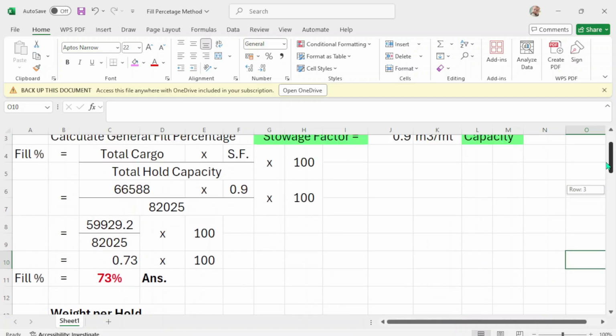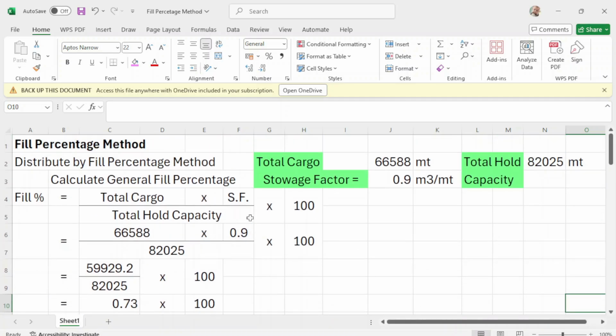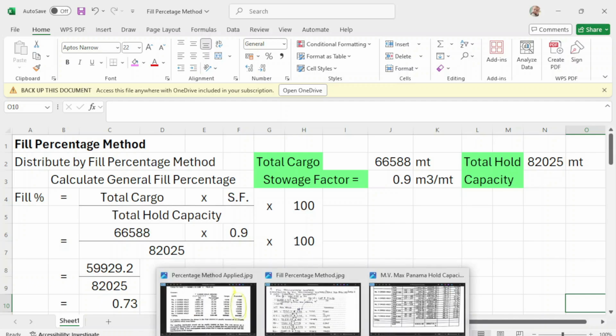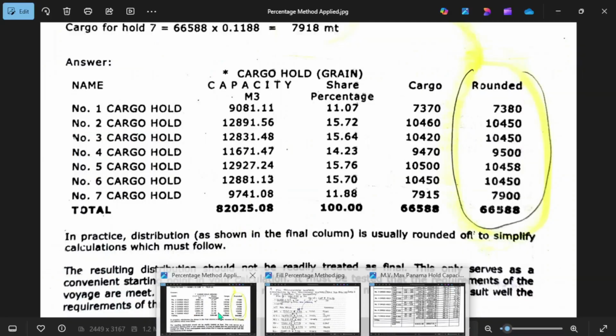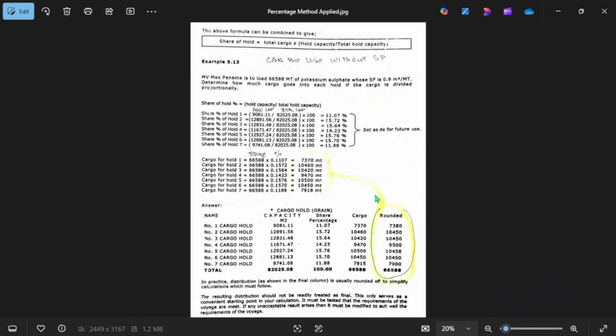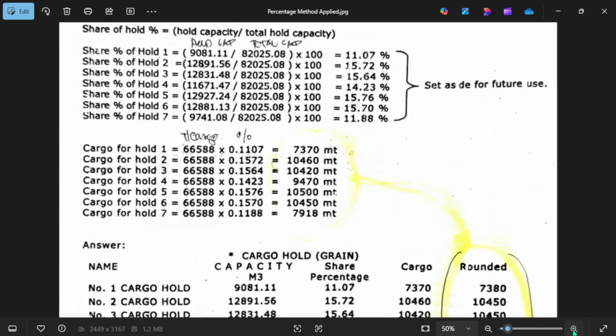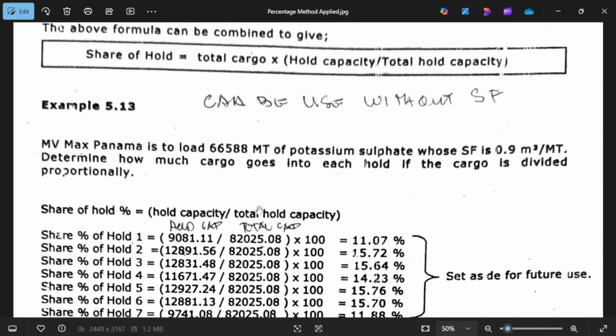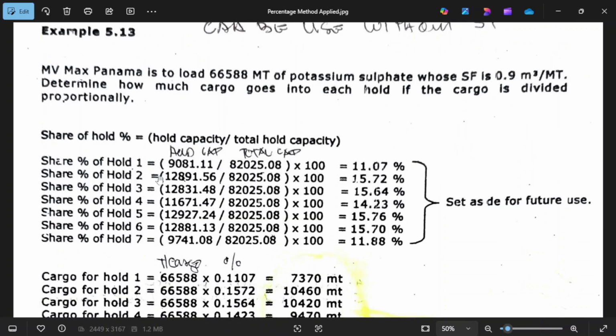So in this example, guys, you have to use the storage factor. Take note, but in the earlier part, we don't use the storage factor. You just use the total hold capacity percentage, and that's it.